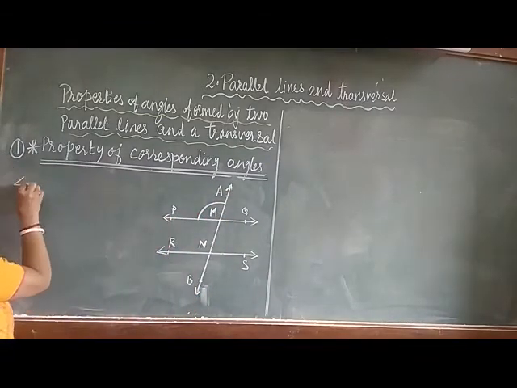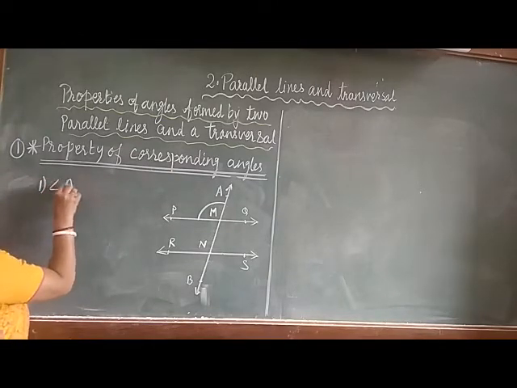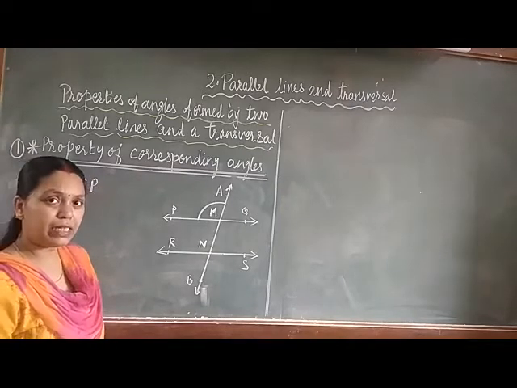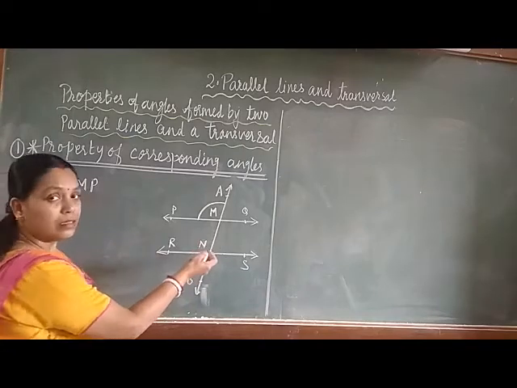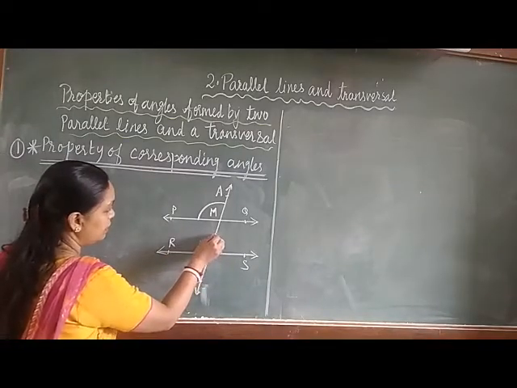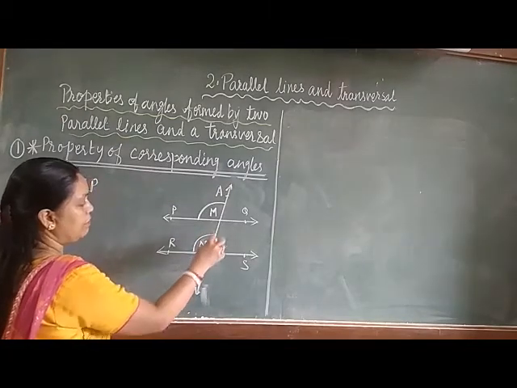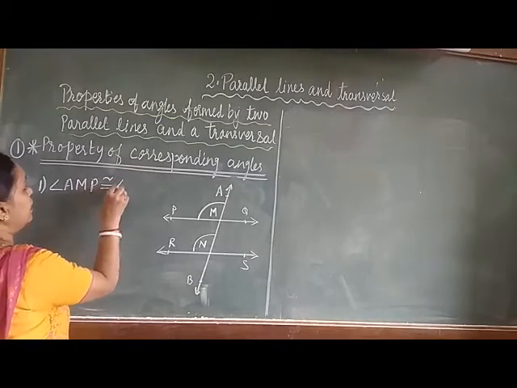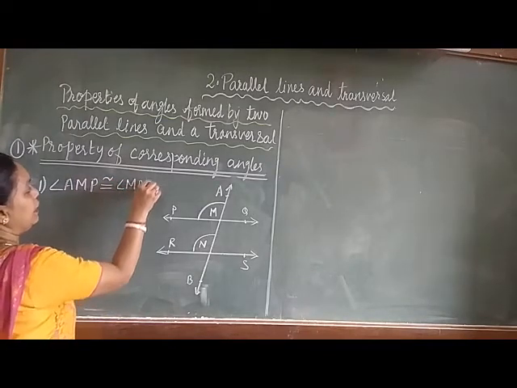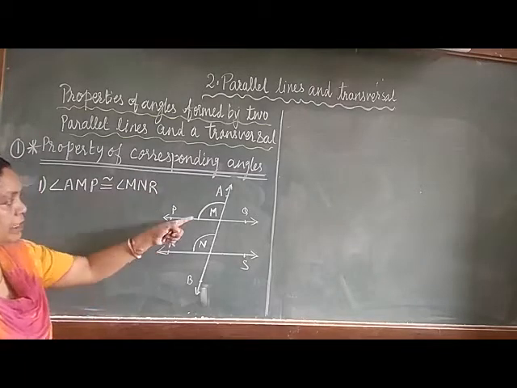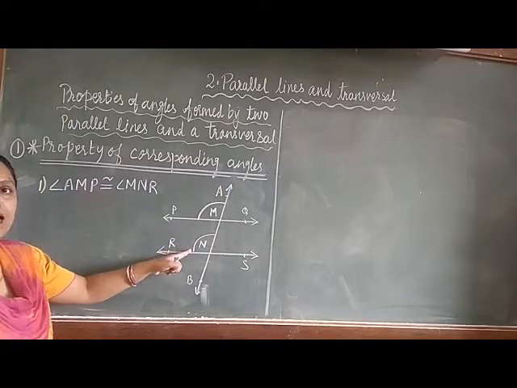So I can write the first pair: angle APM is congruent to the corresponding angle. What is the corresponding angle? Angle NNR is congruent to angle NNR.